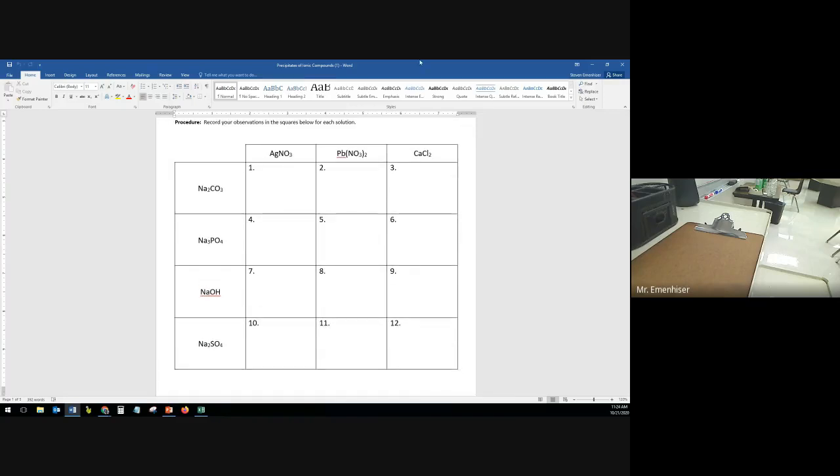So we're going to record our observations in the squares below for each solution. We're going to take a solution of silver nitrate, which is 1. And so I've got it here. It's not a clear solution, and that's because it's kind of strong. Silver nitrate usually has a little bit of a color to it, kind of this grayish color.